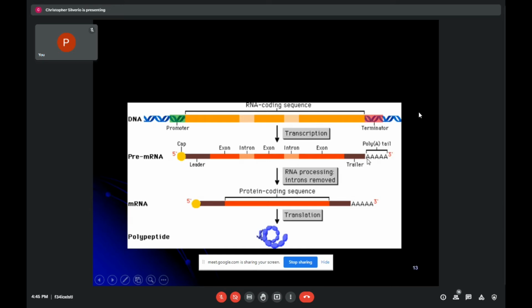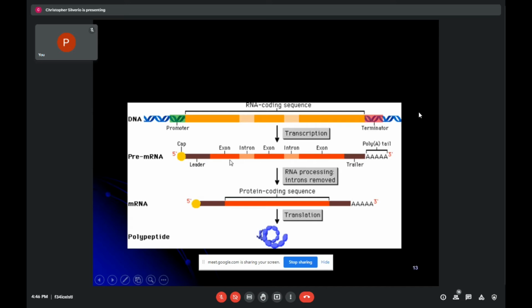That means there are several adenines. That's why it is called polyadenyl. There are several adenines. Okay. This is the pre-mRNA.